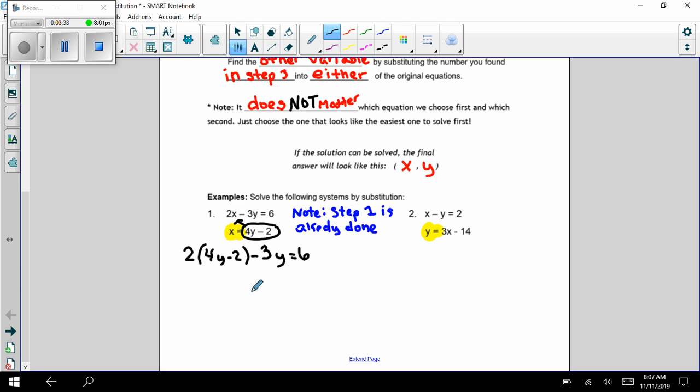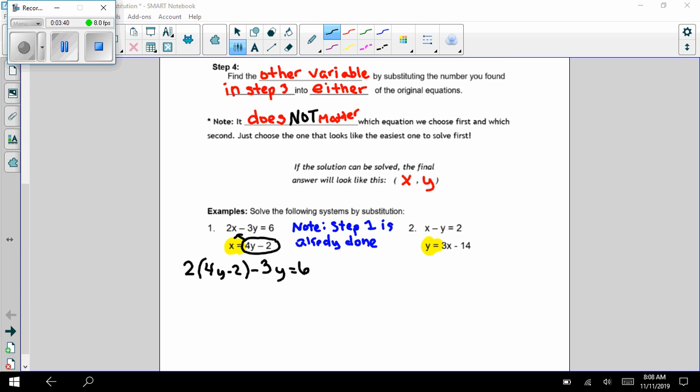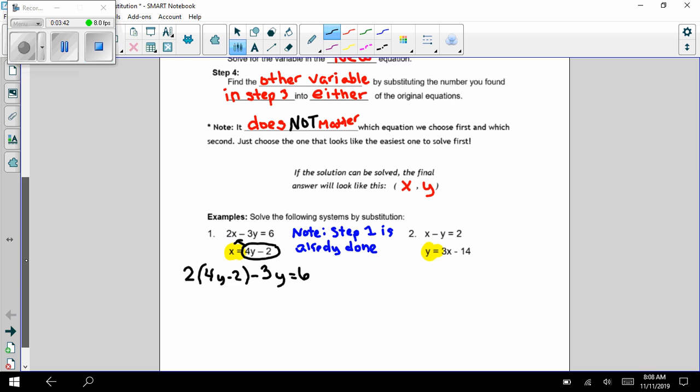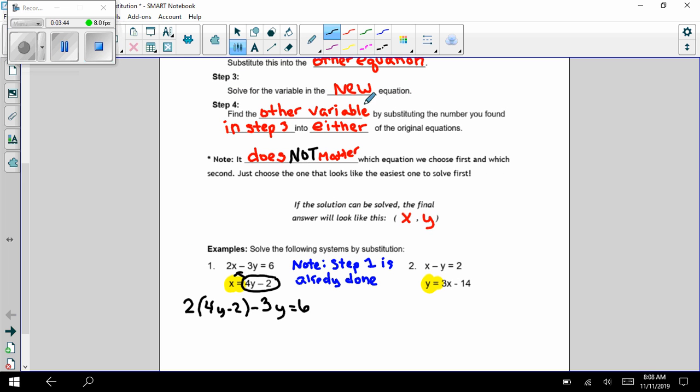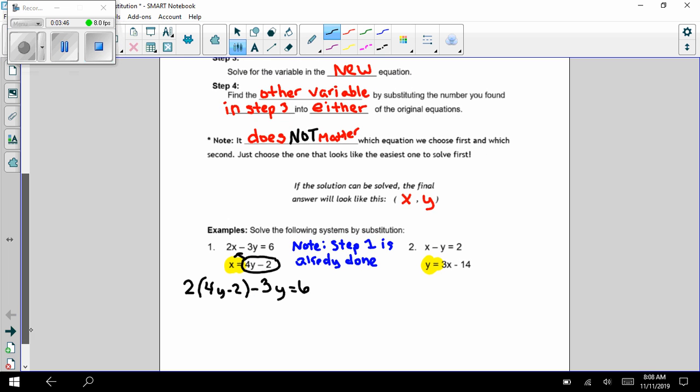Now we can solve. And when we solve, we're really at step 3. It says to solve for the variable in the new equation. This is our new equation. So now it's just following order of operations. I see we have parentheses, so we're going to distribute the 2 to everything within the parentheses. And this part should look familiar.